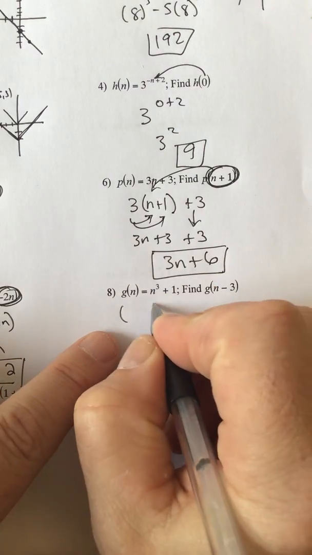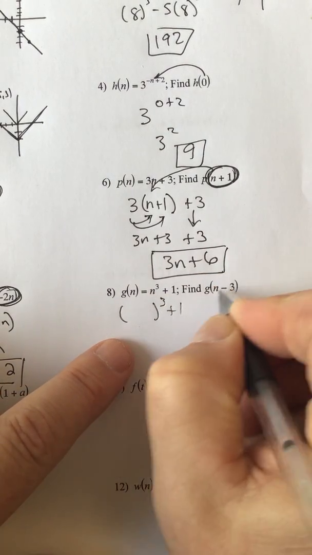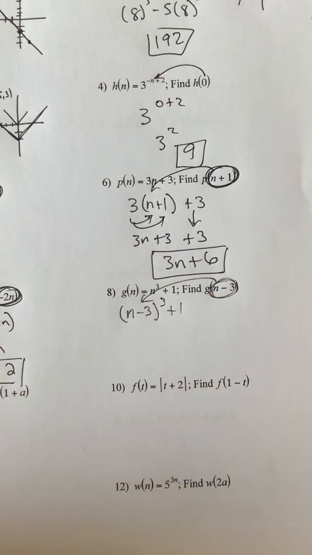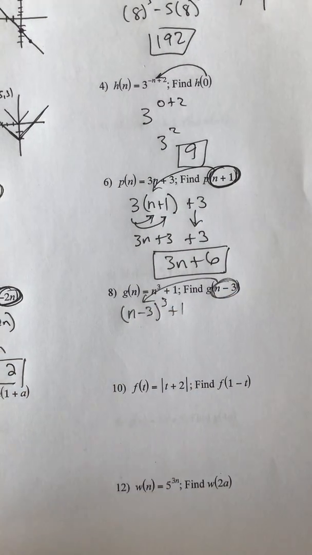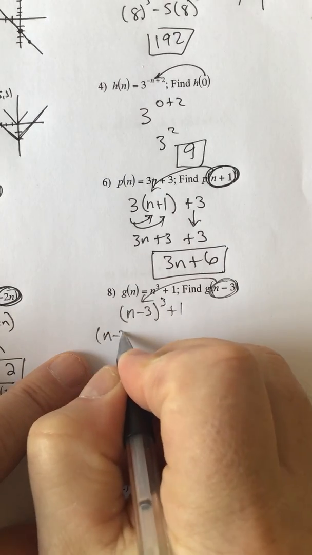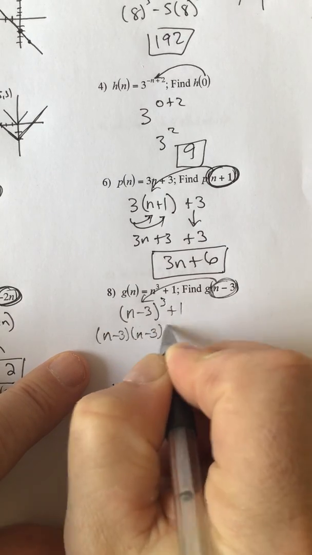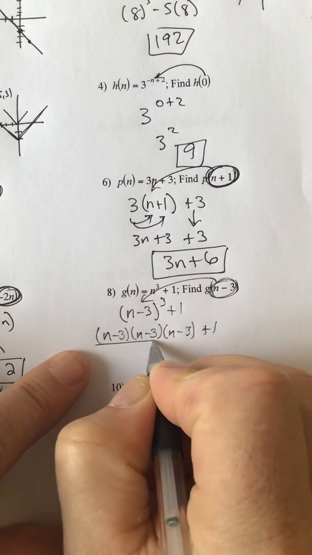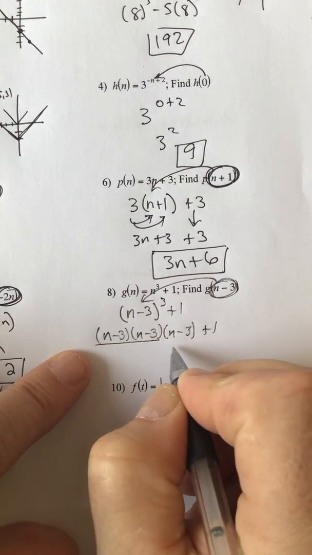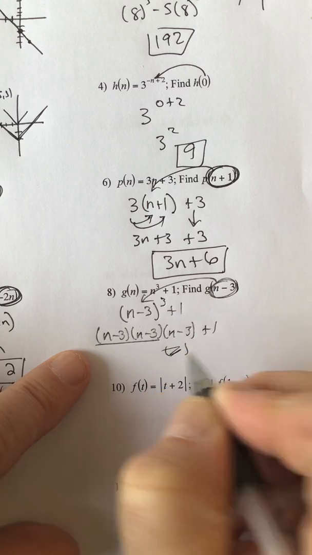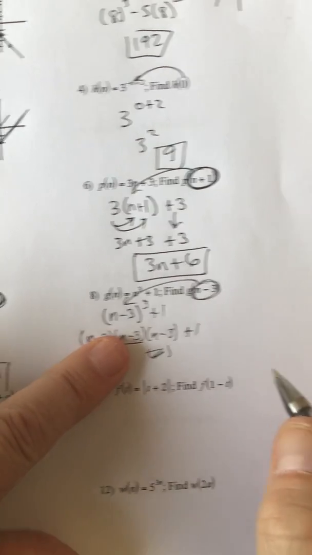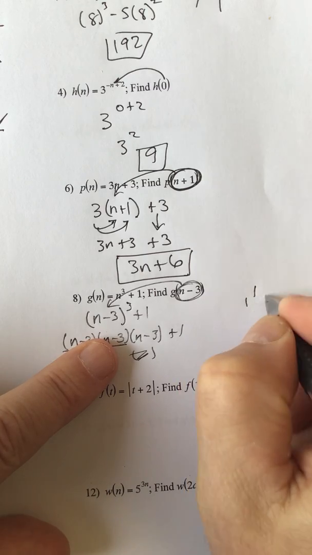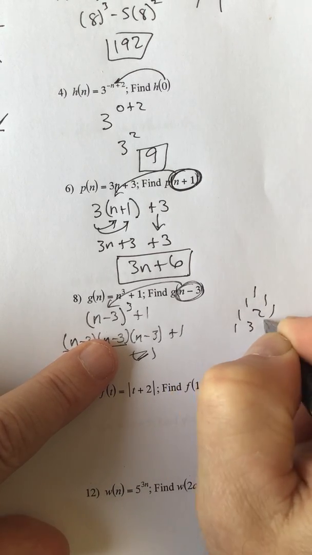Okay, here, this means something to the third plus 1, and that something is right there, n minus 3. Okay, that means n minus 3 times n minus 3 times n minus 3 plus 1, so I'd have to multiply these together, and then take whatever that answer is and multiply it times that one. Or, you can remember from just the last lesson, that we have a shortcut for this with Pascal's triangle. 1, 1, 1, 1, 2, 1, 1, 3, 3, 1.